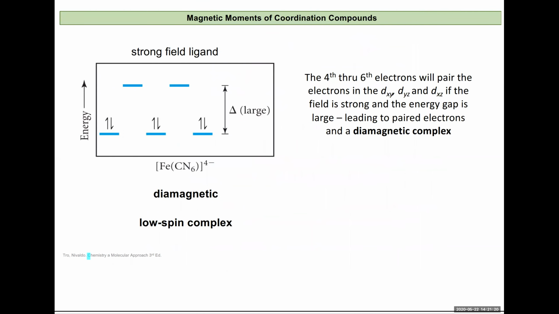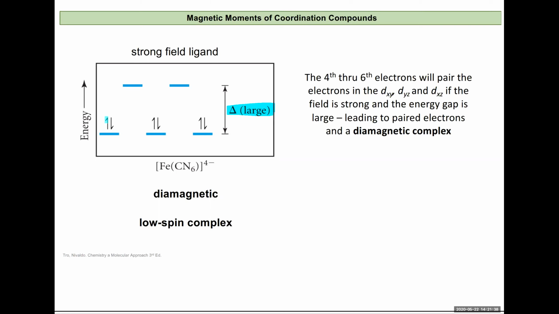All right, so let's take a look at a strong field ligand. For the 4 through 6 electrons, if we have a very large energy difference between these d orbitals, we're going to populate those electrons in the lower level, and we'll pair them up first.